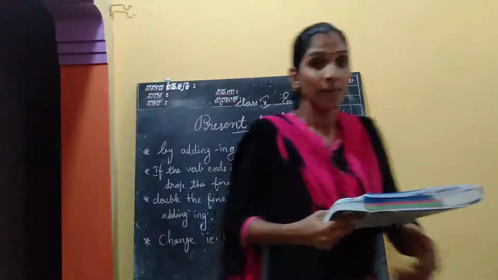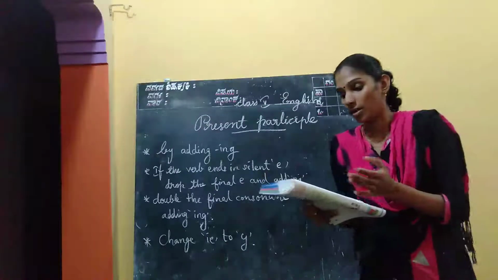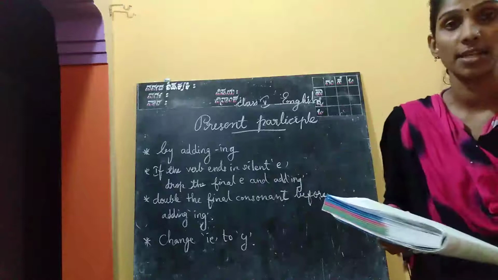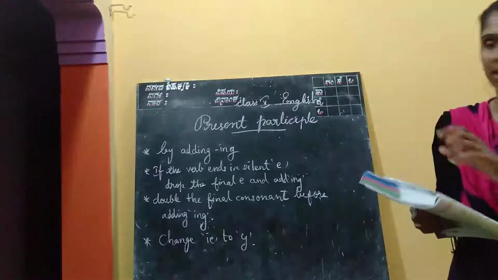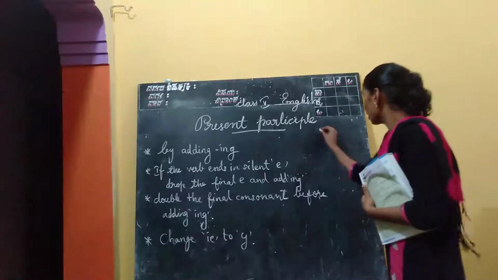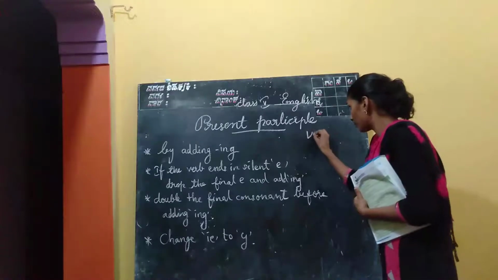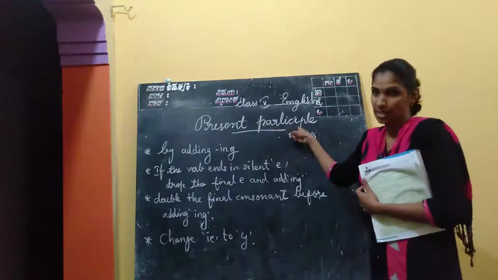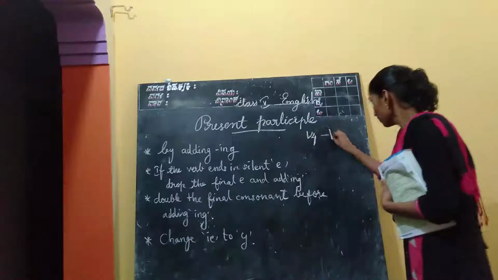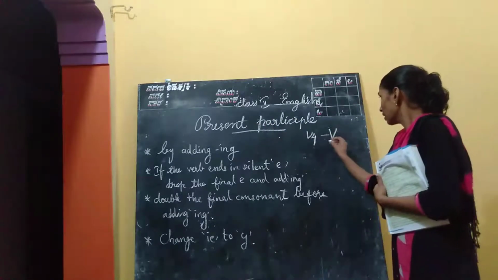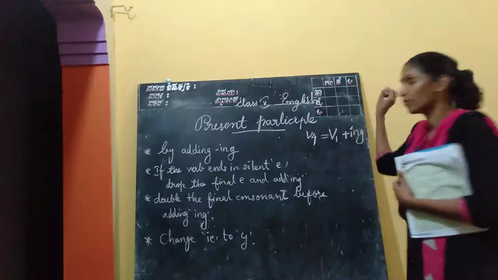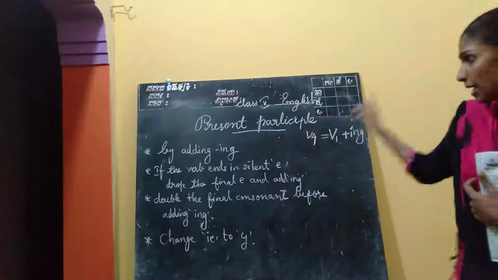Usually we can form the present participle by adding ing. In the sense, V4 means present participle. We can say V4 is equal to V1 plus ing.